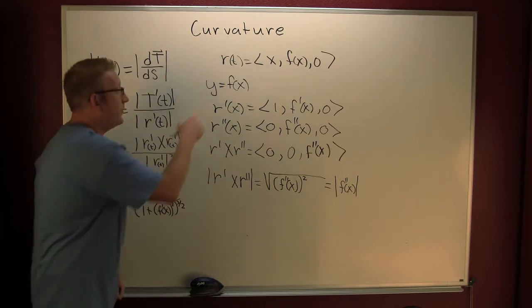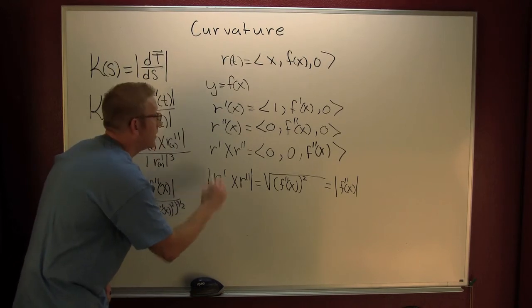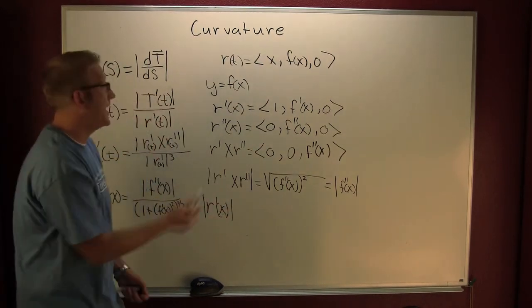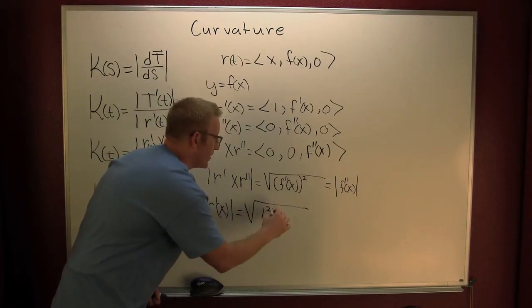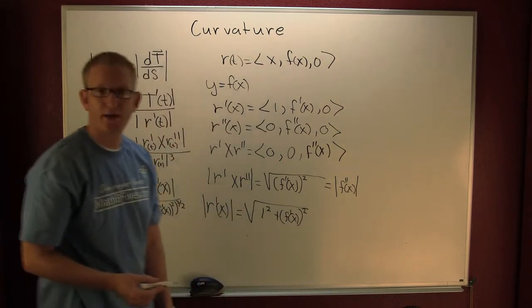So now we need the magnitude of the first derivative, r prime of x. That is the square root of 1 squared plus f prime of x squared. Great.